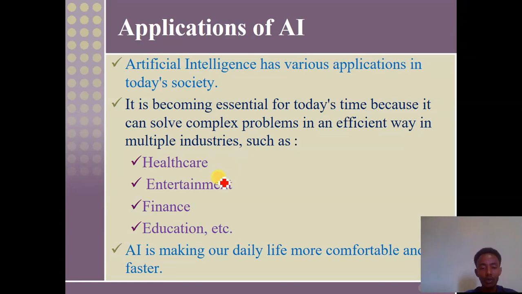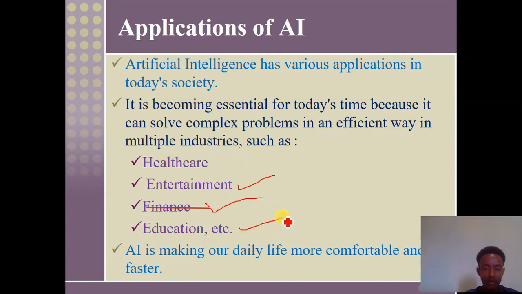Another application area where we use artificial intelligence is entertainment. If you consider the finance area, finance is also a very essential area where it is recommended to use artificial intelligence applications in order to manage financial transactions.